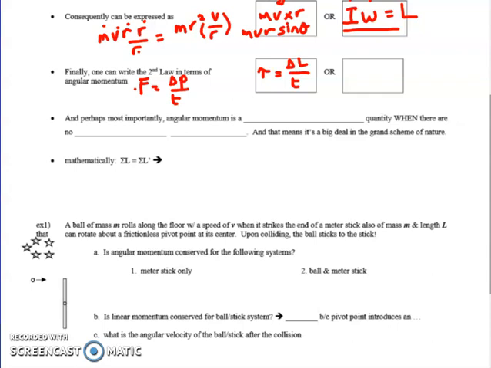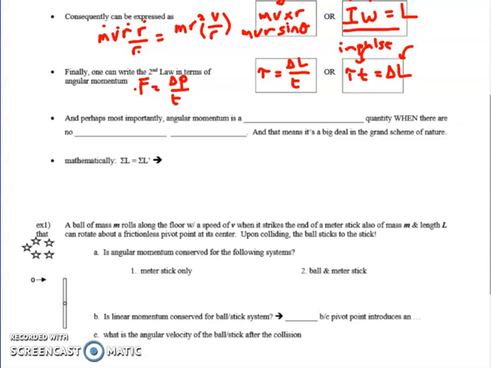Okay, so that's nice. Another way we can rewrite that is tau times t, yeah, I know they look very similar, is equal to the change in L. So there is a change in angular momentum. Well, that's the rotational equivalent to an impulse. The AP is very fond of looking at graphs that have torque and time on them. We'll try to do one or two examples either now or in the homework.